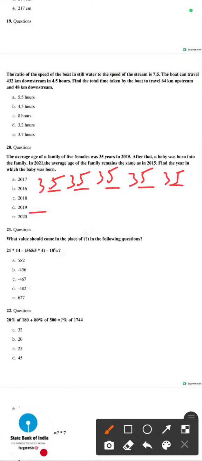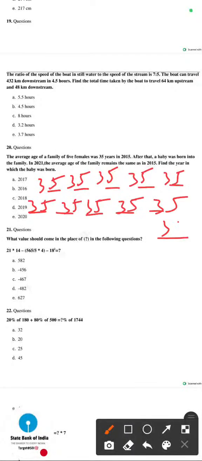Now there are 6 persons, but the average age remains 35 only. The year is 2021. So from 2015 to 2021, 35 becomes plus 6.